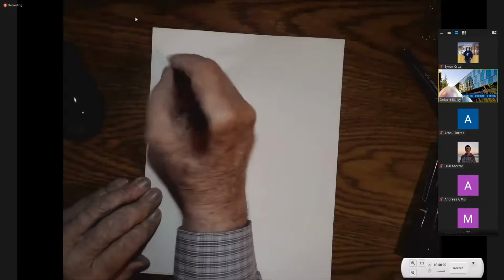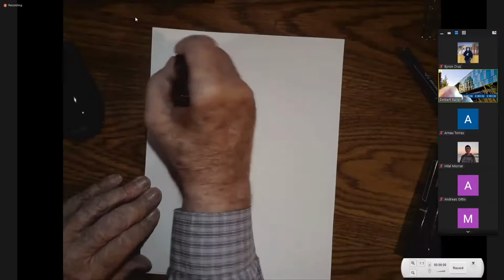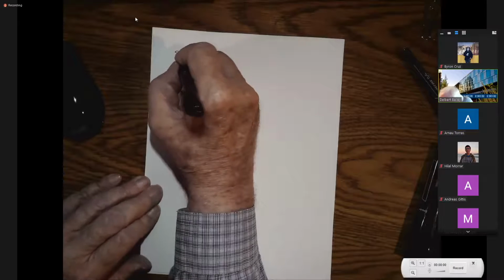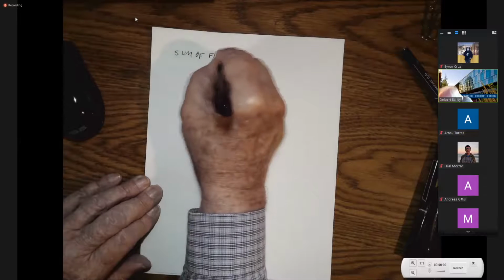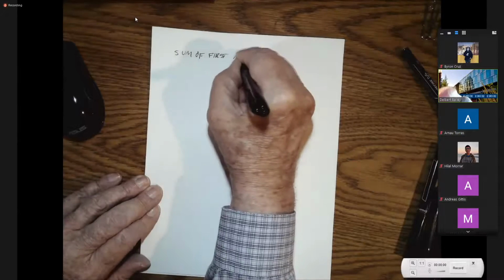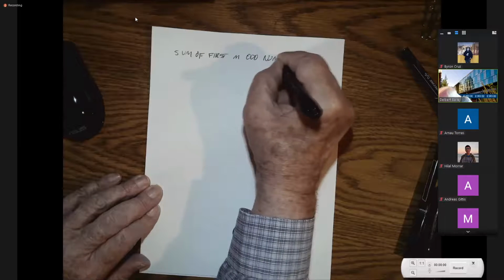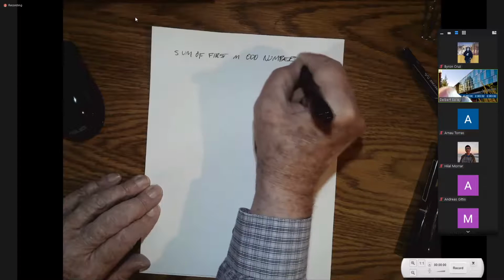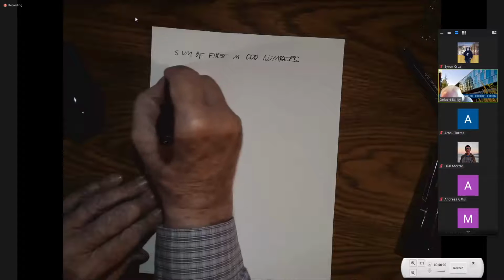Okay, so let's look at an example, and what I want to look at is the sum of the first n odd numbers. Well, let's take a look at what these things are.